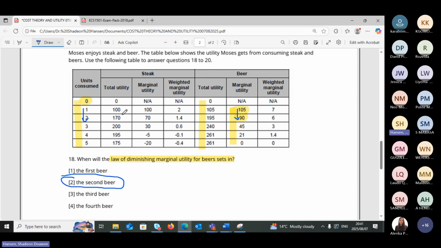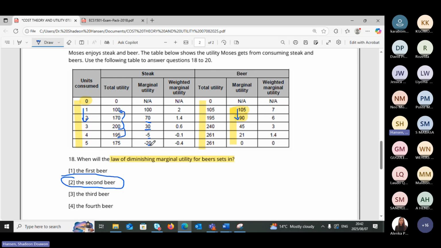It increased from 100 to 170. So to calculate the marginal utility at the second unit, it is 170 minus 100, which gives us 70. 200 minus 170 gives us 30. 195 minus 200 gives us negative 5. 175 minus 195 gives us negative 20. Also, we could have calculated in this way.